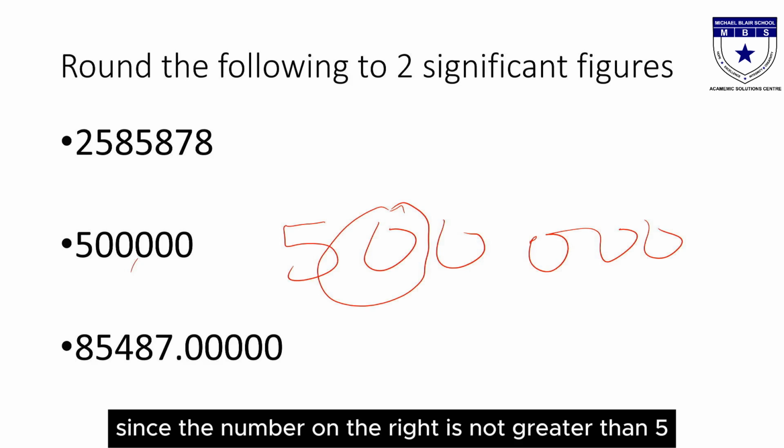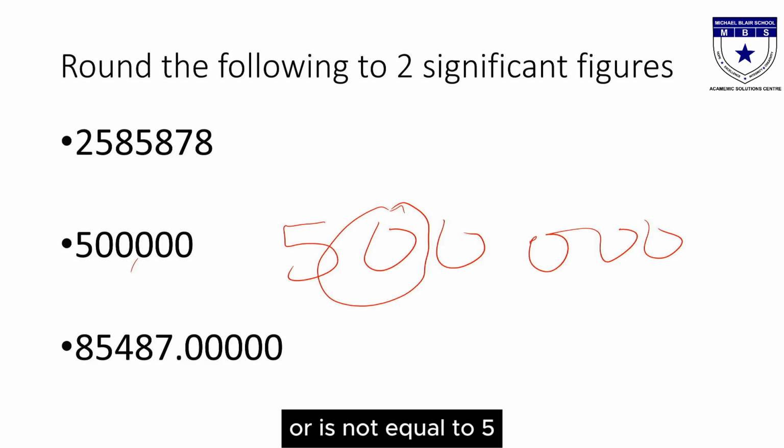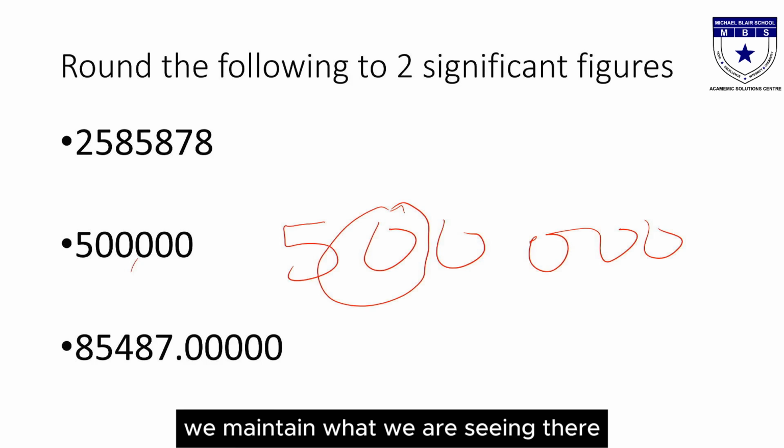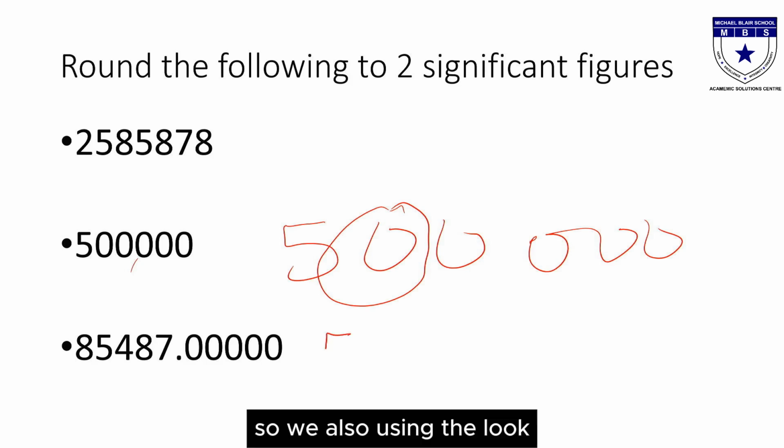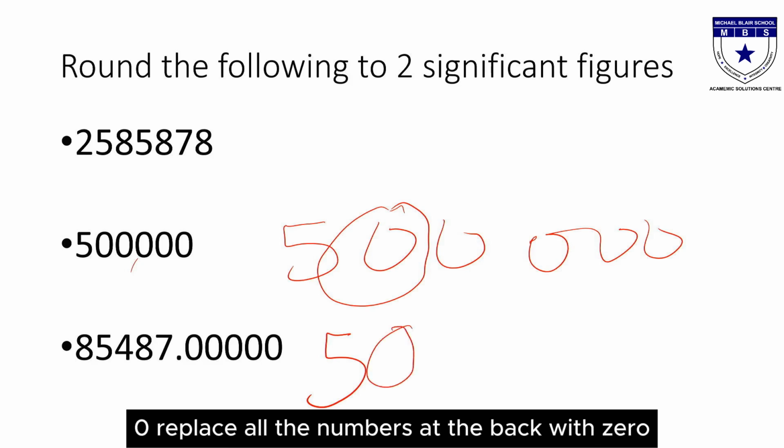Since the number on the right is not greater than or equal to 5, we maintain what we are seeing there. So 50, then replace all the numbers at the back with 0.